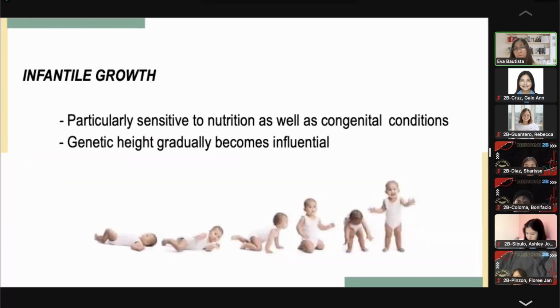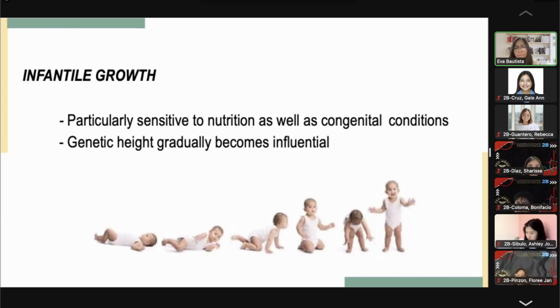So after birth, we have now the infantile growth, okay, which is particularly sensitive to nutrition, okay? So the impact of nutrition during this stage could have a long-lasting effect as well, okay? One is if there is stunting during the first 2 years of life and not corrected, then it has a long-term impact, okay?